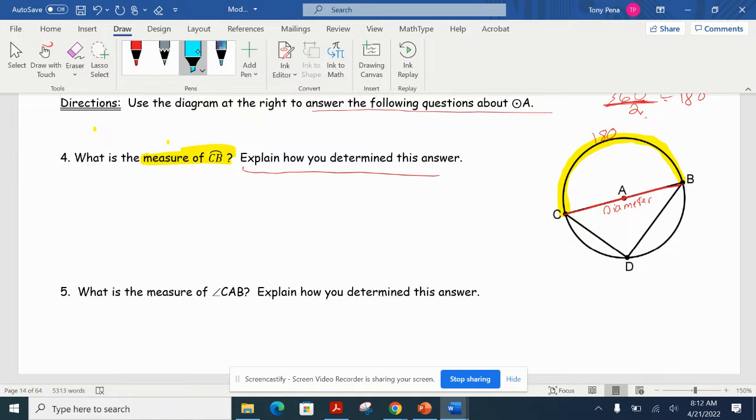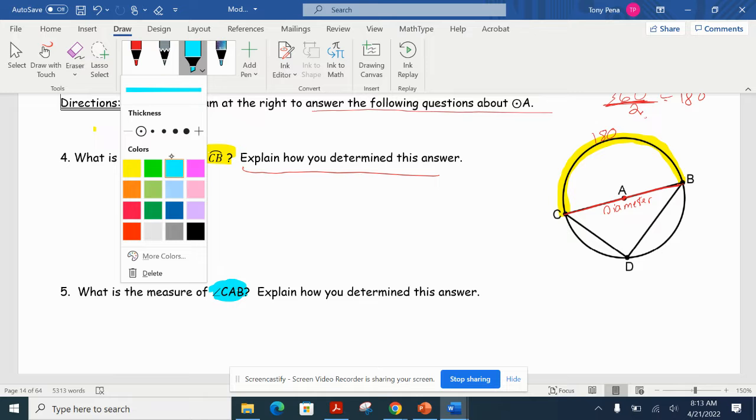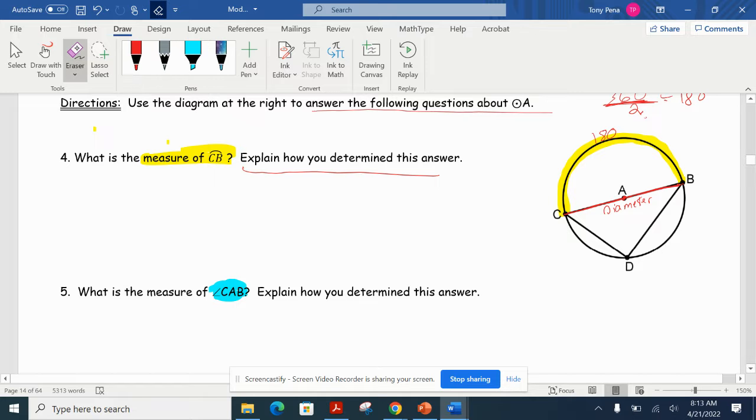The question now is, what is the measure of angle CAB? So first identify that angle, because it's a little weird. So find the angle C to A to B. Then this is a really old idea, but an easy one. This is one that everybody knew when we did it back in the day.